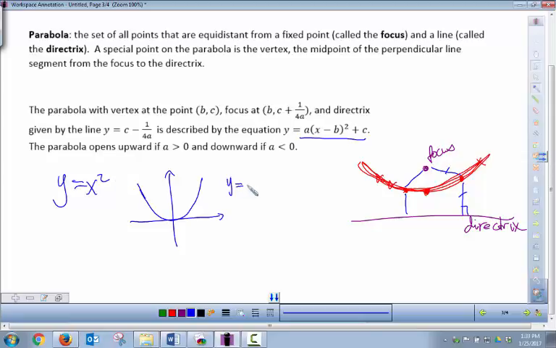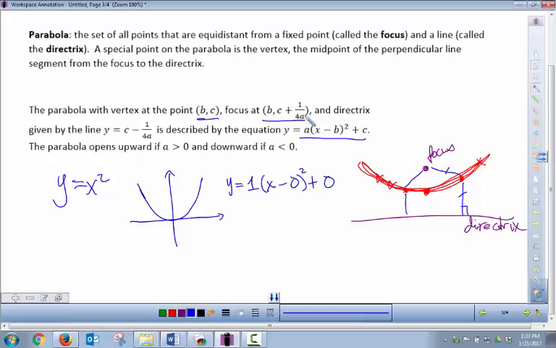So y equals, maybe a is equal to 1, and b is equal to 0, and c is probably also equal to 0. If we identify this parabola this way, then we can use these components to help us find the vertex, the focus, and the directrix.